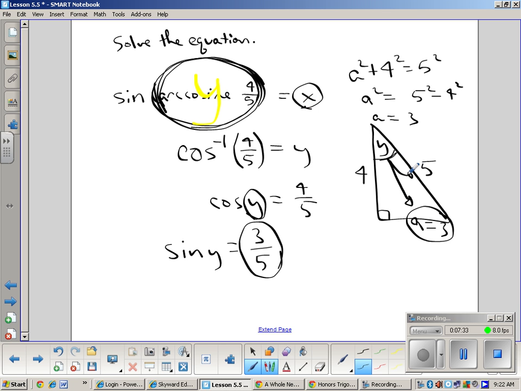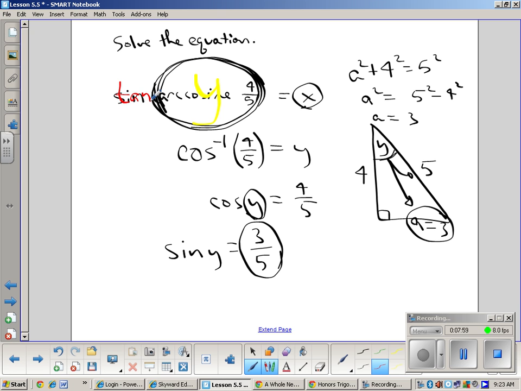Opposite over hypotenuse. If this said tangent here, what would the tangent of this be? 3/4. Opposite over adjacent, 3 over 4. If I ask for cosecant, cosecant's the reciprocal of sine, so it's hypotenuse over opposite.